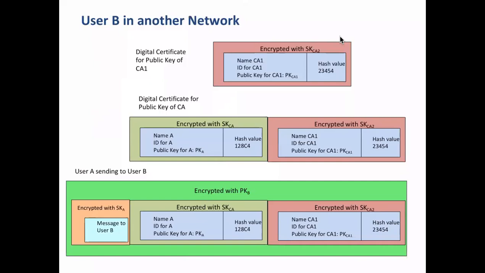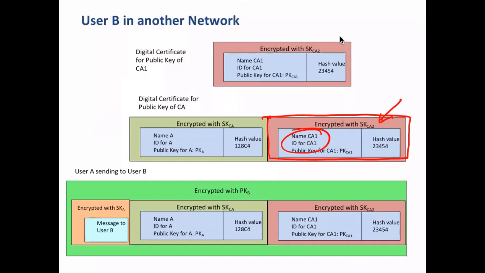Okay, so we can use this method, right? So for example, we can attach here certificate for CA1 and it is issued by CA2. If the other user, or if Bob is in the region of CA2, then Bob will trust this.